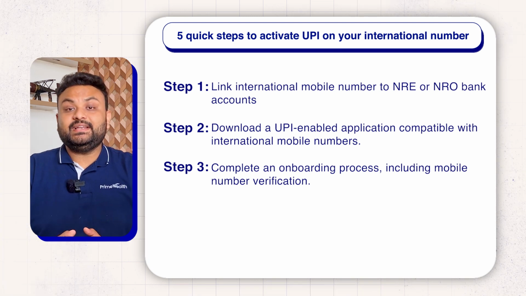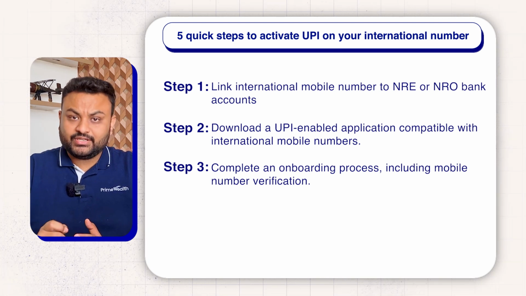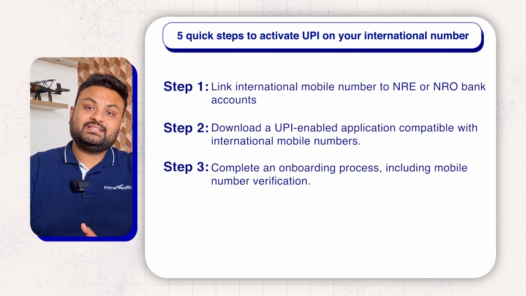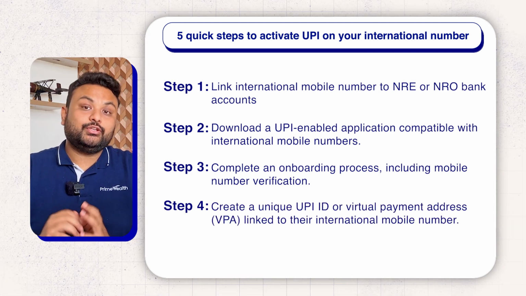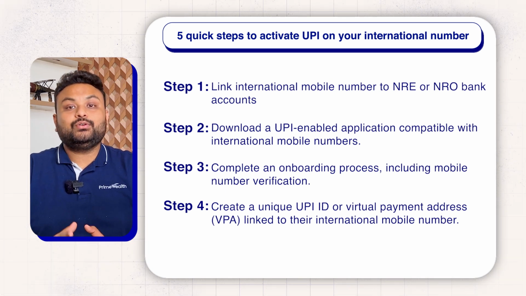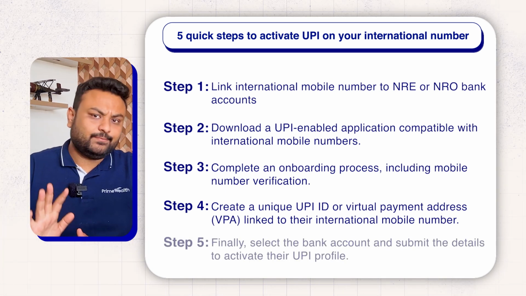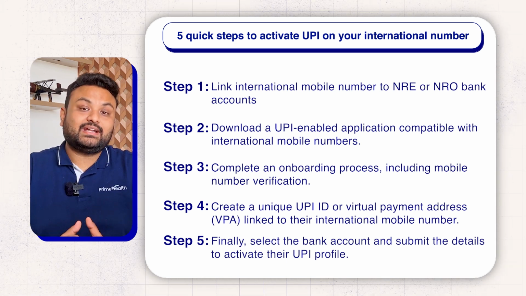Step 3, complete an onboarding process including your mobile number verification. Make sure that the mobile number is on the same phone where you're downloading the app. Step 4 is to create a unique UPI ID or a virtual payment address (VPA) linked to the international mobile number. Step 5 is finally to select the bank account and submit the details to activate your UPI profile.